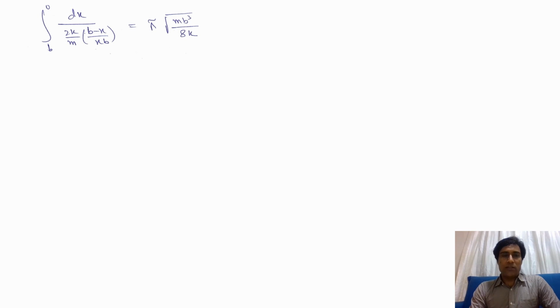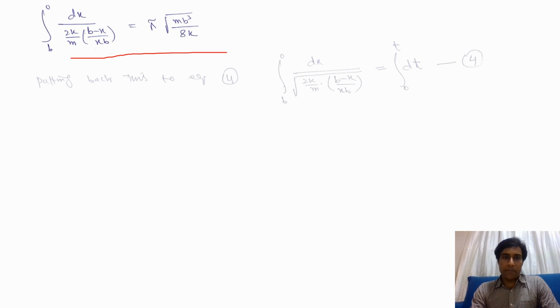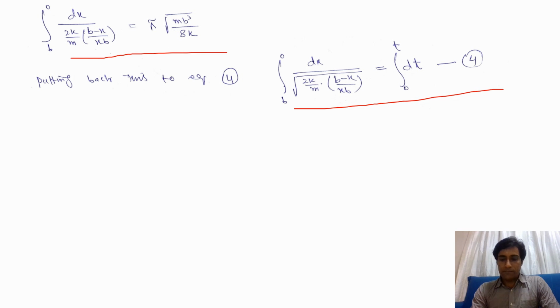So finally, after solving the integral, we get this form. The left hand side, which we have solved, is equal to pi square root of mb cubed over 8k. Putting this back into equation 4, we will get simply this equation.